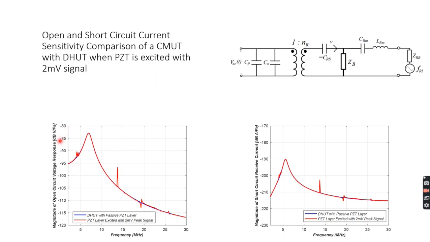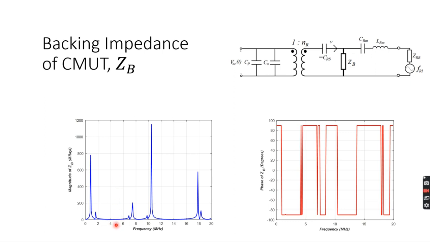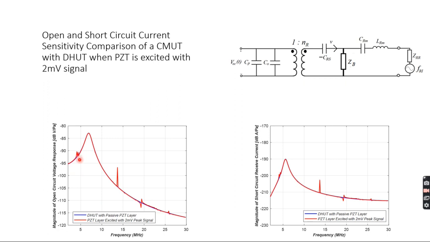On the left you see volts per Pascal, on the right you see amps per Pascal. Both are equivalent. The ratio of these is the impedance, but it depends on the choice of interfacing electronics. If you use a voltage preamplifier, then it's volts per Pascal, or with a transimpedance amplifier, then it's amps per Pascal. So if you use a preamplifier with a CMUT, you look at the dB volt per Pascal, and within the range where the impedance is small, the CMUT shows two notches over here, which is due to the underlying PZT stack.